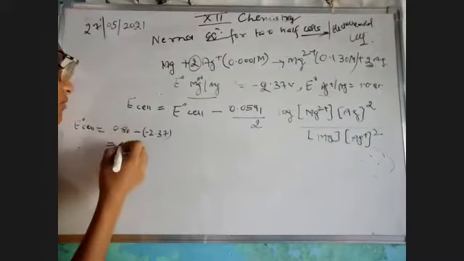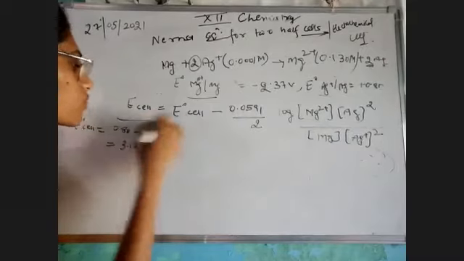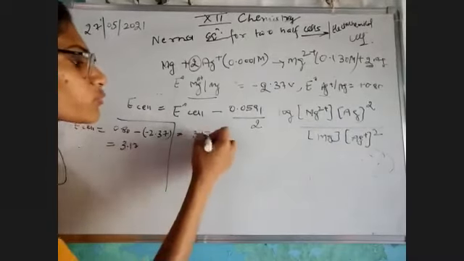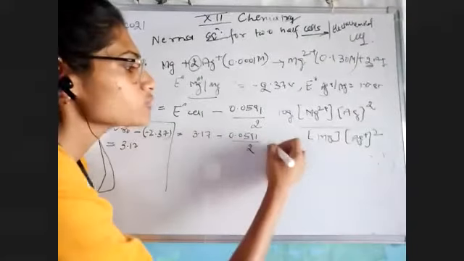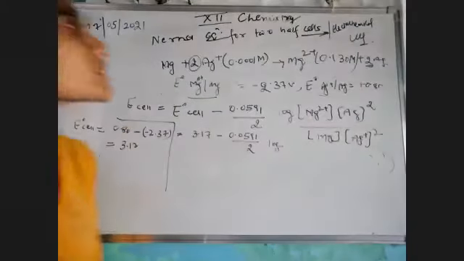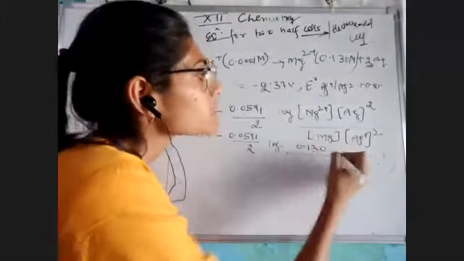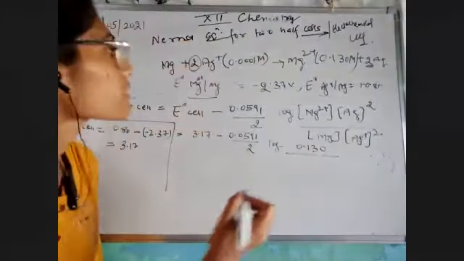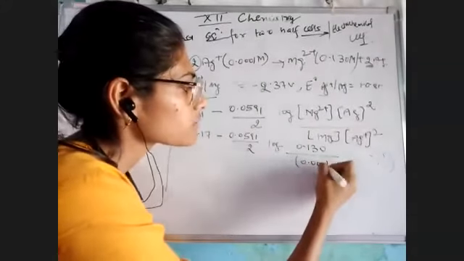That would become almost 3.17. So E cell is equal to 3.17 minus 0.0591 divided by 2 log. Mg2 positive is given as 0.130. Silver positive is given as 0.001 to the power 2.